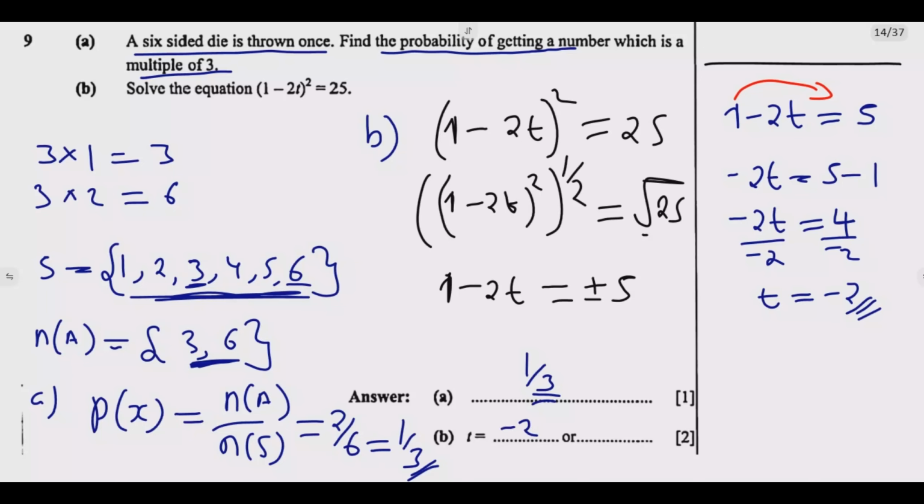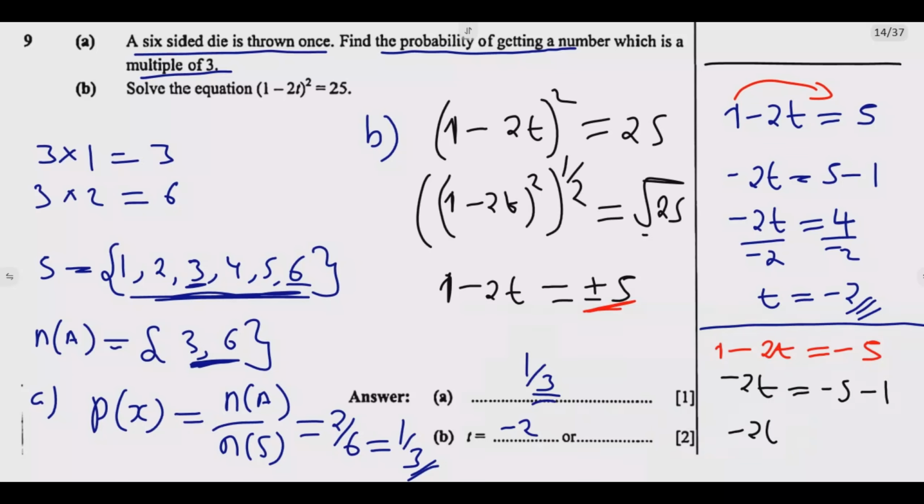Then the second value, create space there, use a different color. So it will be now 1 minus 2t equals minus 5. You remember the first one was a positive, this is a positive when I don't put any sign. So the next one here is a negative, negative 5. So what this tells me is I have minus 2t equals minus 5 minus 1.